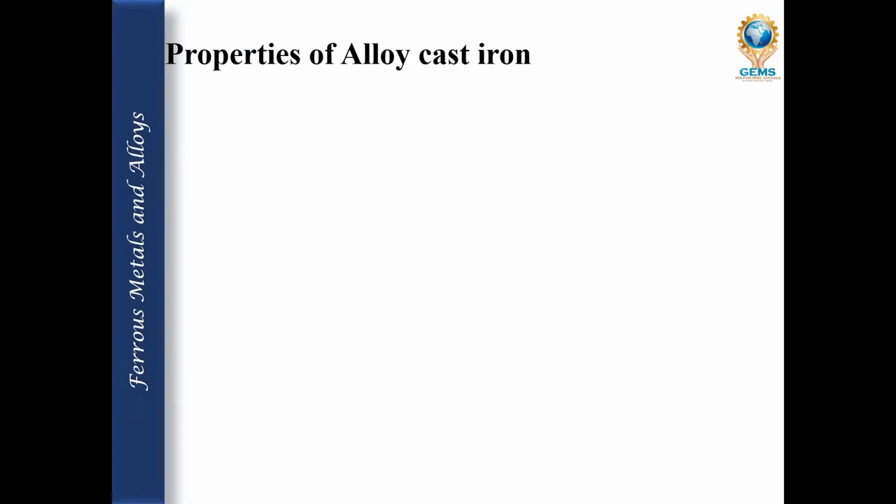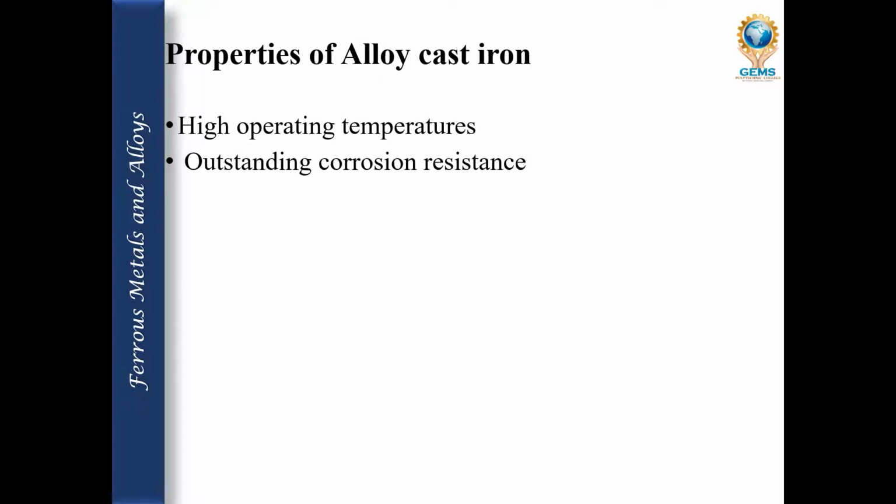The properties of cast iron: high operating temperature. You can use this material if the work has to be done at high temperature. Outstanding corrosion resistance, that means it is very good in corrosion and will not be corroded easily.